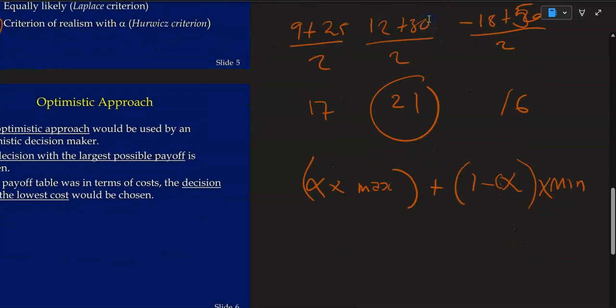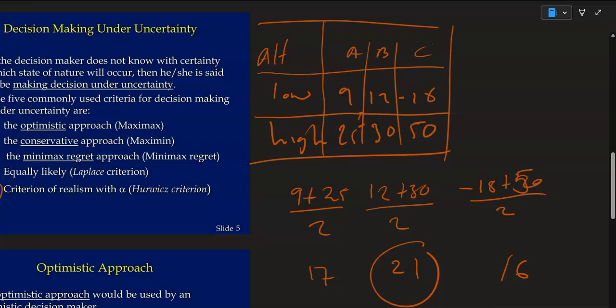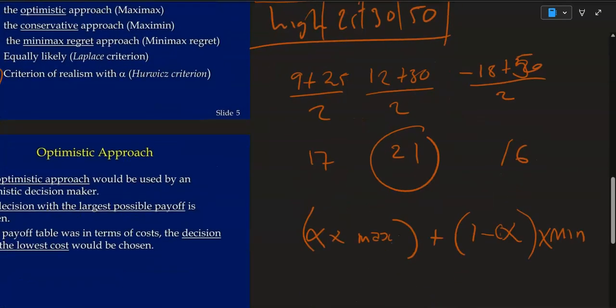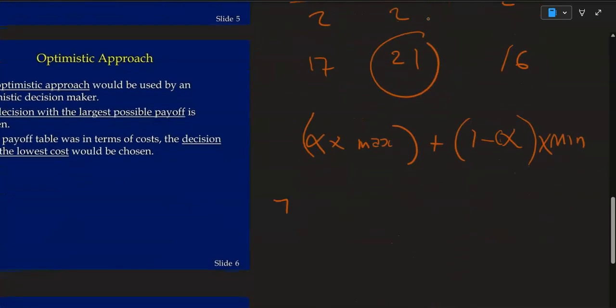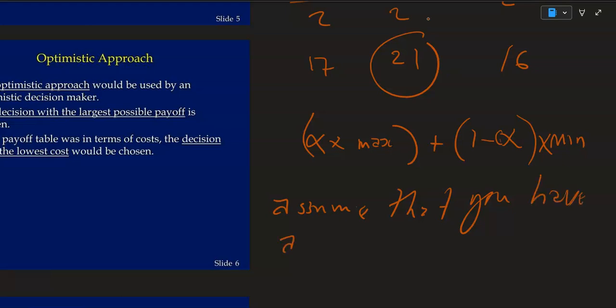So if we go for investment A, which is this investment that has a 9 and a 25, let's assume as an example that you have a 0.8 coefficient of optimism.